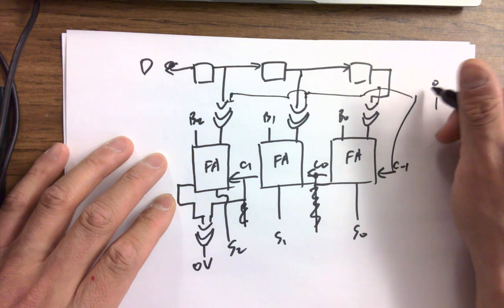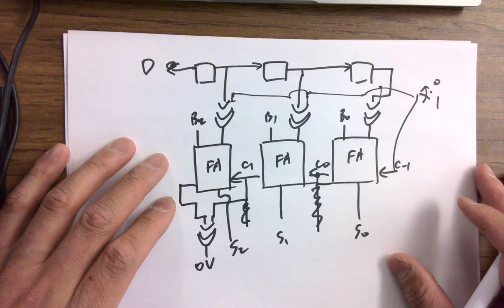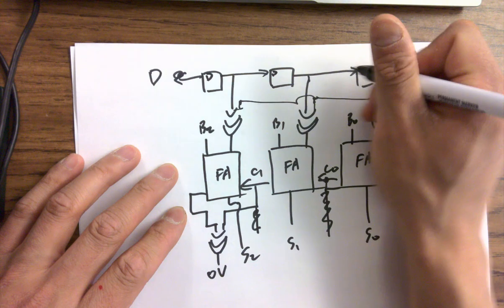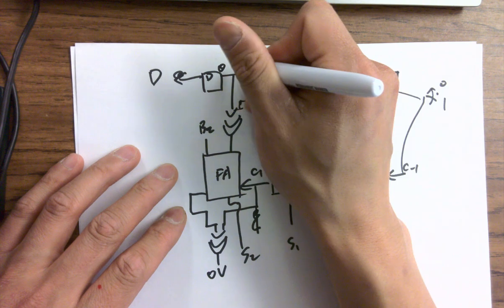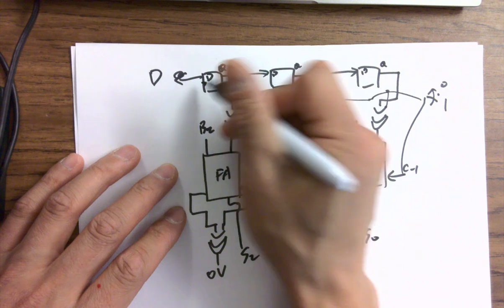And you have 0 and 1 as a switch. As a D flip-flop, and these are Qs. These are Qs. And they are being synchronized by the same clock source.